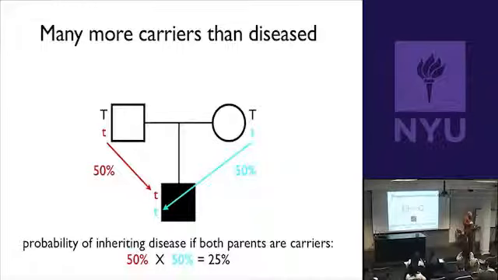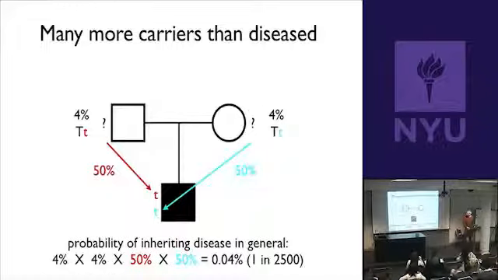Now, what we can do is think about it not in terms of knowing what the parents are, but by adding in the probabilities that these 2 parents are carriers or not. Let's imagine that we didn't know the genotypes of the parents.